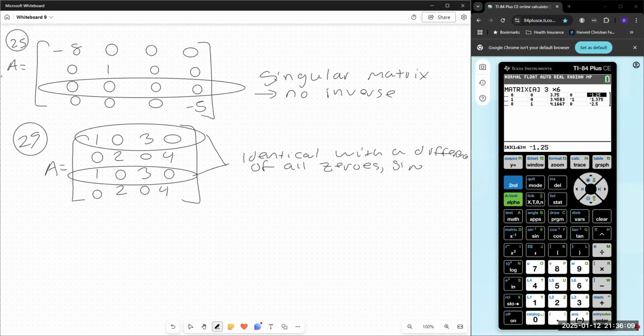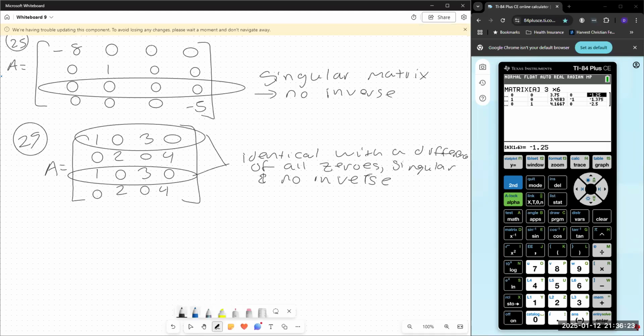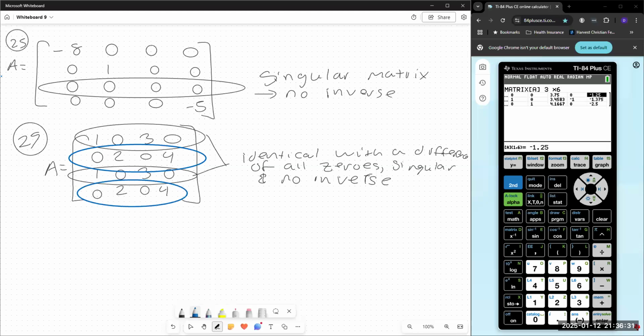So it's singular and no inverse. Same thing with if I had instead looked at this row and this row, they would also have been identical with a difference of 0. That would give me a row of zeros that would make it singular and no inverse.